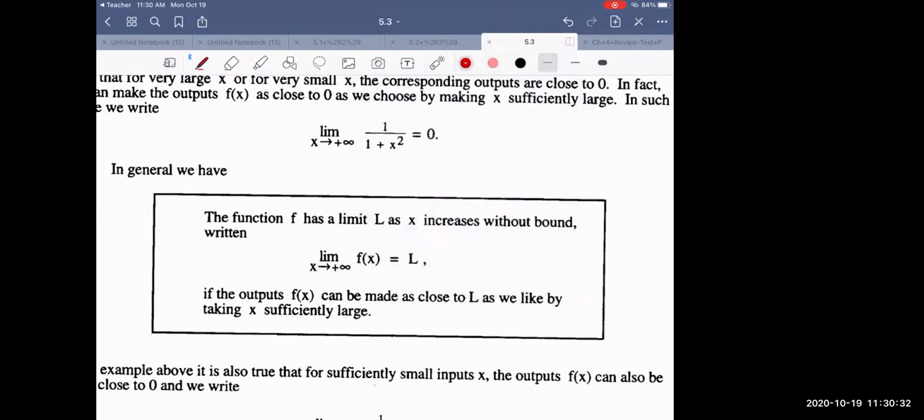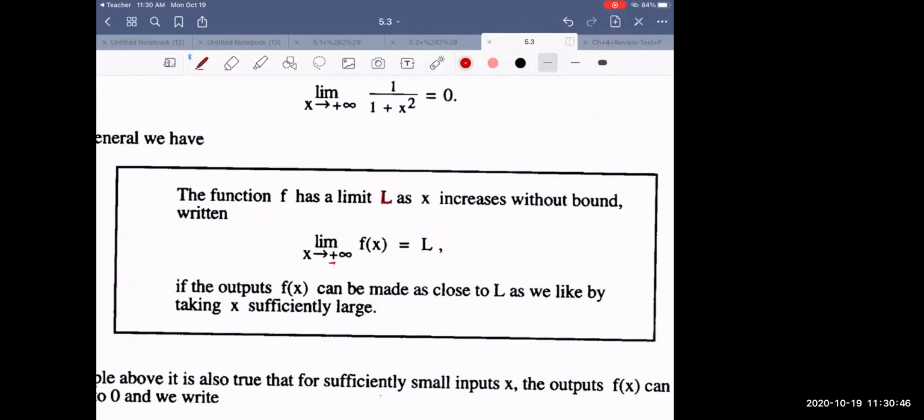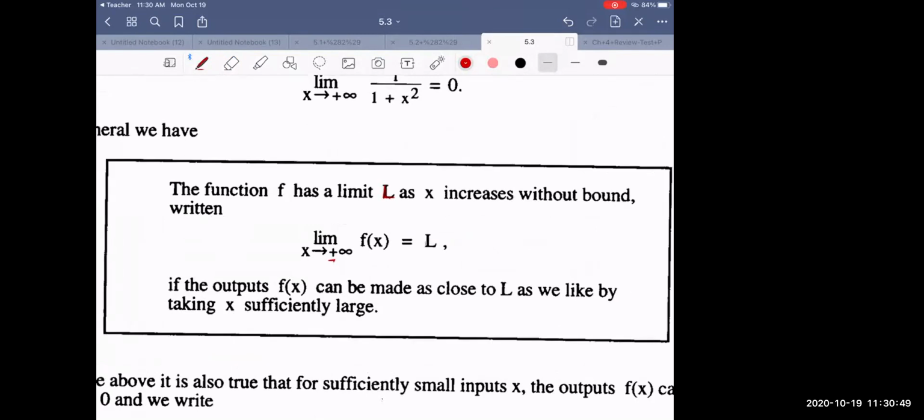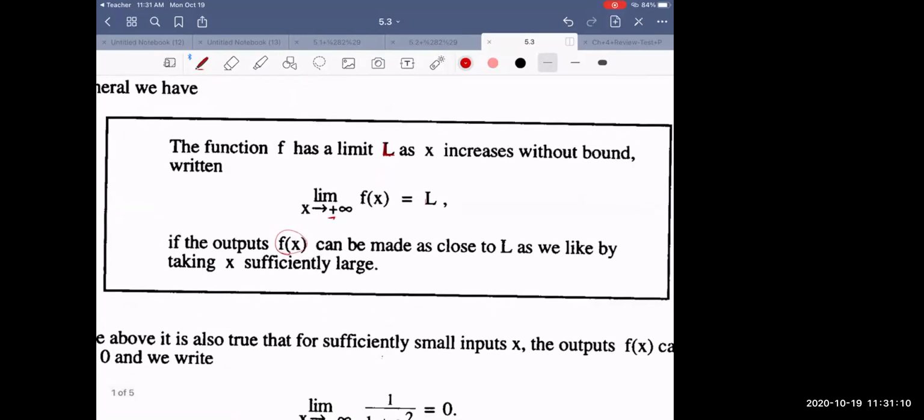The definition says a function f has a limit L, so some number, as x increases without bound, meaning going to positive or negative infinity, written as the limit as x approaches positive infinity (and you can put a little minus under there too if you wanted to) of f(x) equals a number, if the outputs of the function can be made as close to this limit as we like by taking x sufficiently large, meaning that our x values are going to get really, really big and really, really close to that value, but not at that value. So it's kind of the same definition as when x was approaching a number, a. It's just now we're going to positive or negative infinity.